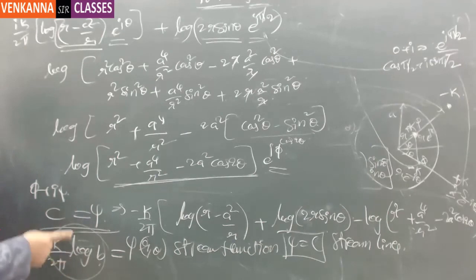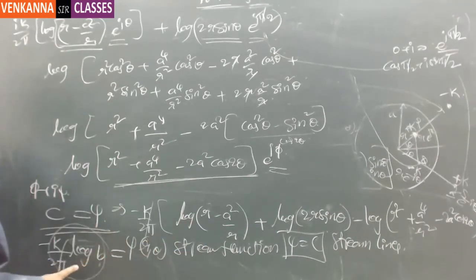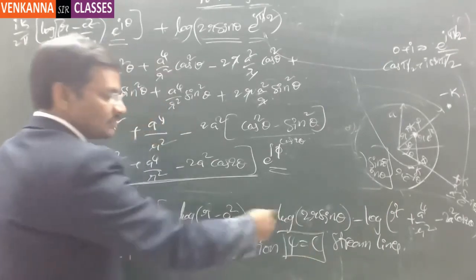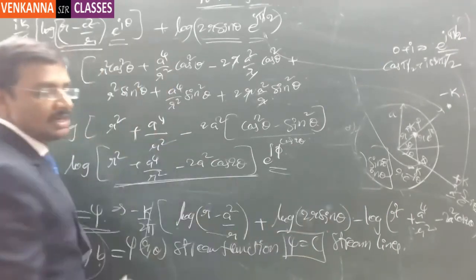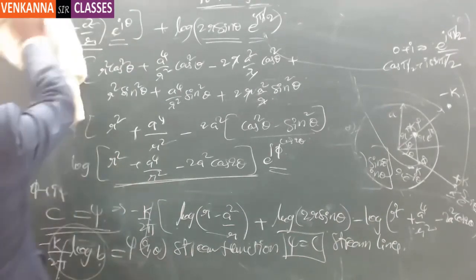If you introduce the constant this way, this k by 2 pi and that k by 2 pi you can cancel out, and then you can simplify the log and express this entire function in terms of b, because in log, plus gets multiplied and minus gets divided. Got it? Understood or not? Okay, so now this is the simplified format you have to write.